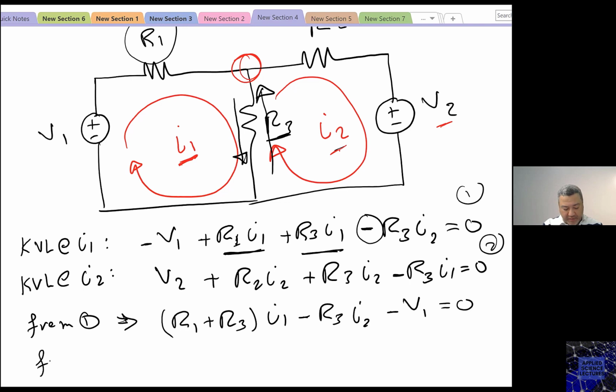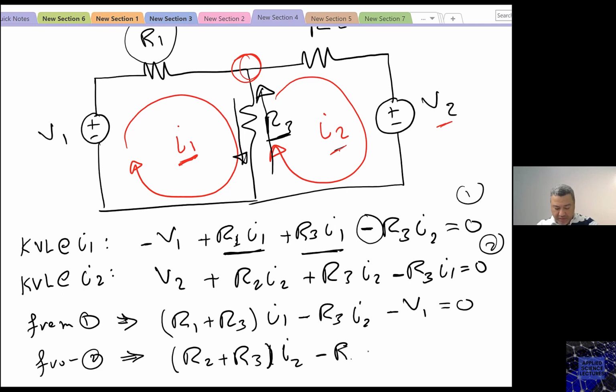And then I have R2 plus R3 I2 minus R2 plus R3 I2 minus R3 I1 plus V2 equals to 0, right?